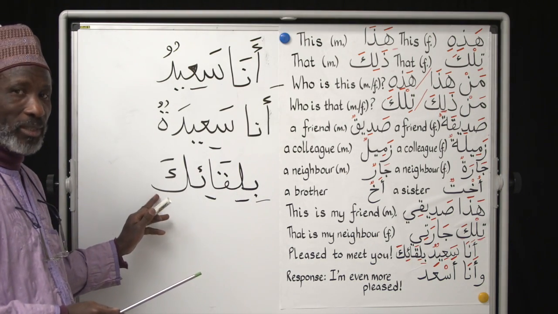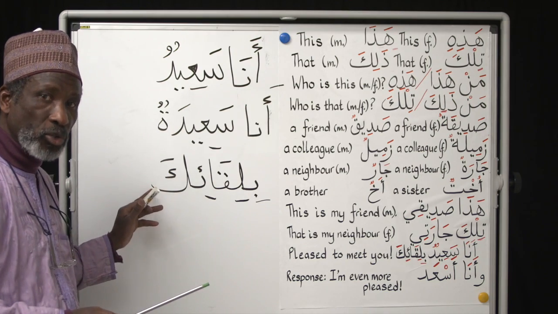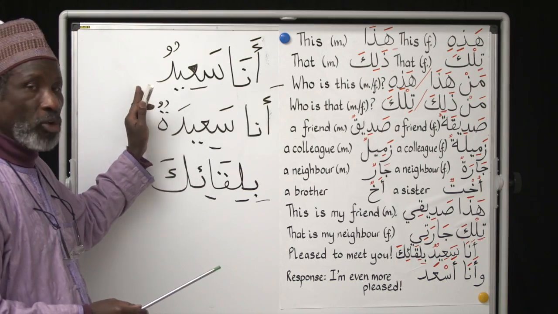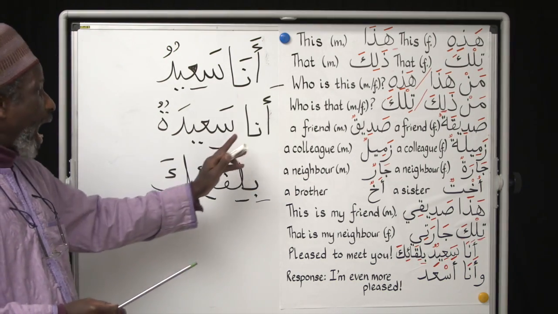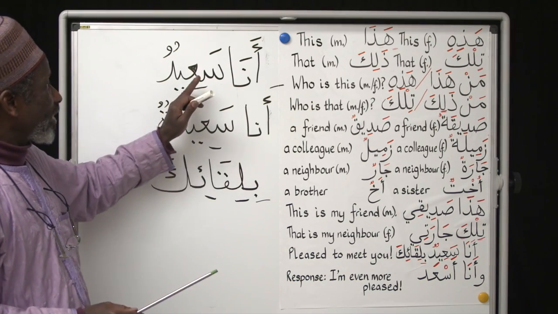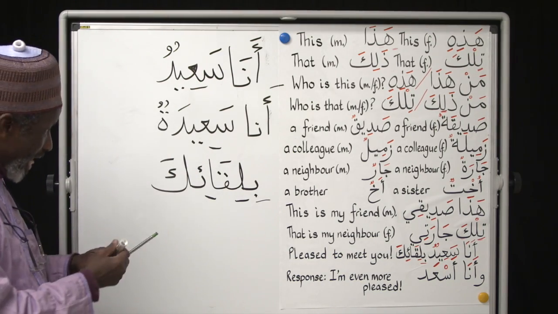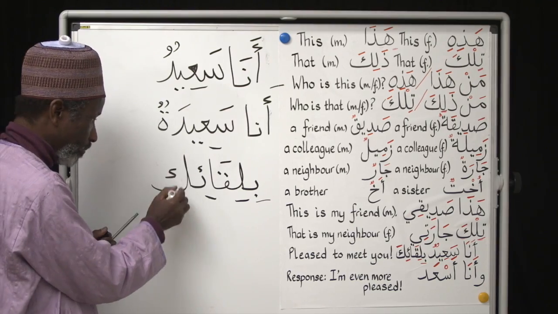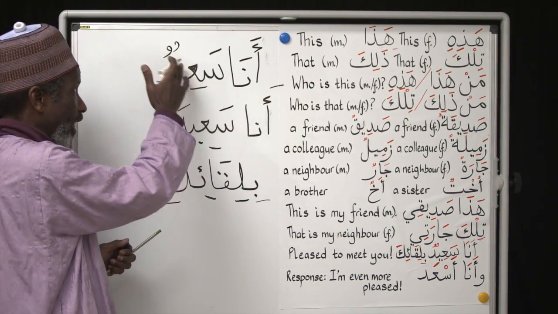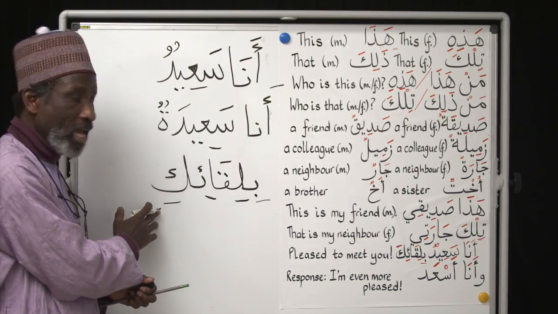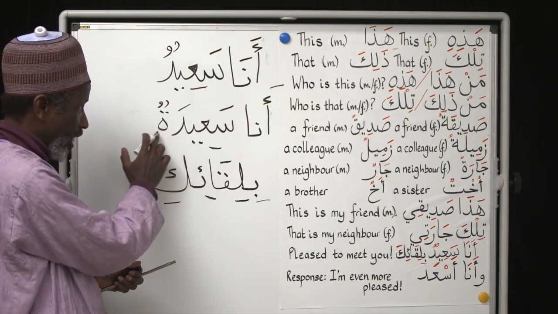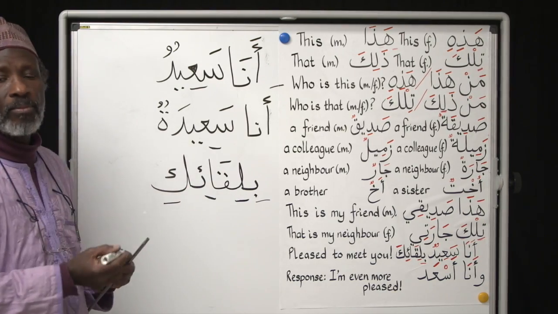This ka is what identifies the person who is being spoken to. So, Ana sa'idun biliqa'ika. Ana sa'idatun biliqa'ika. Ana sa'idun biliqa'iki, a male speaking to a female. Ana sa'idatun biliqa'iki, a female speaking to a female.